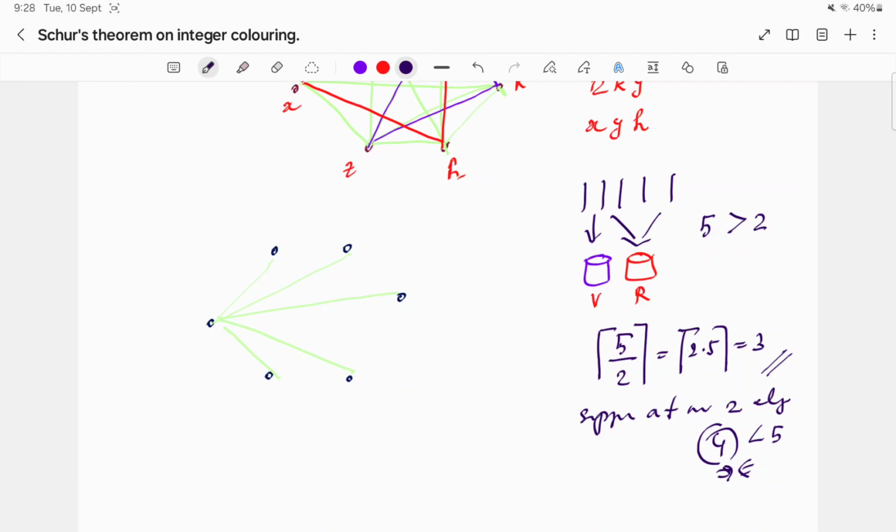So I'm just assuming, let it be the red color. 3 edges are red, right? Now the rest of them will be, I assume, violet. It also can be red, but what I'm telling is there are at least 3 edges having the same color, but I'm taking the worst case.